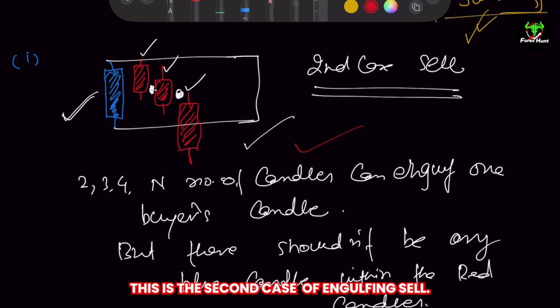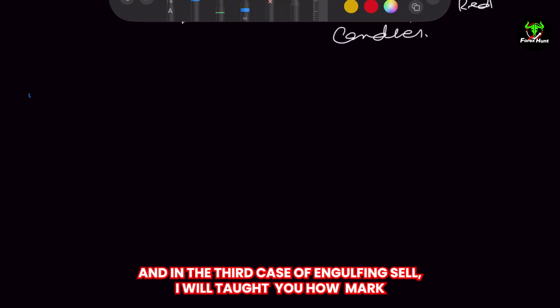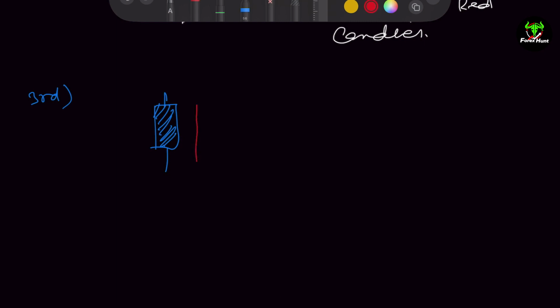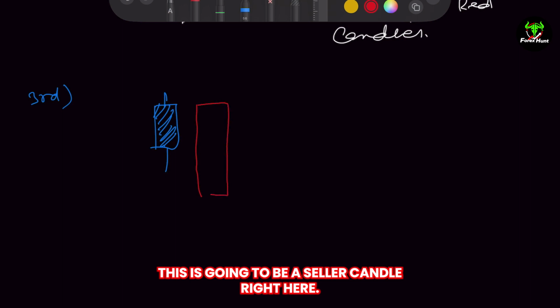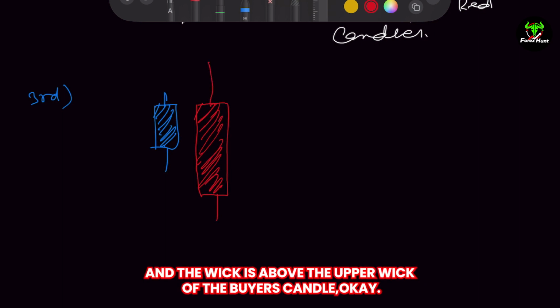This is the second case of engulfing sell, and now the third case of engulfing sell, I will teach you how to mark. This is a buyer's candle like this, and this is going to be a seller's candle right here, and the buyer's candle is being engulfed by the seller's candle, and the wick is above the upper wick of the buyer's candle.